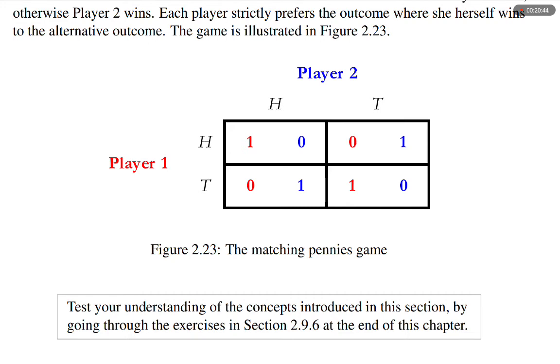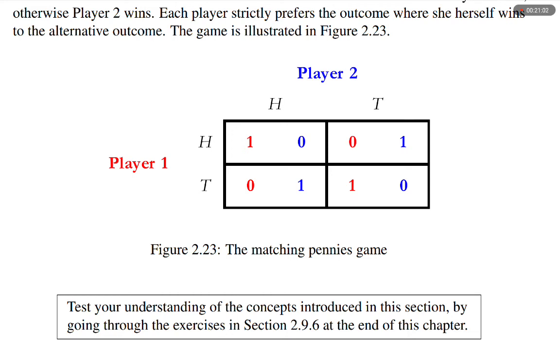The game is illustrated in figure 2.23. It is the matching pennies game. It is a 2x2 grid with player 1 on the rows, player 2 on the columns.